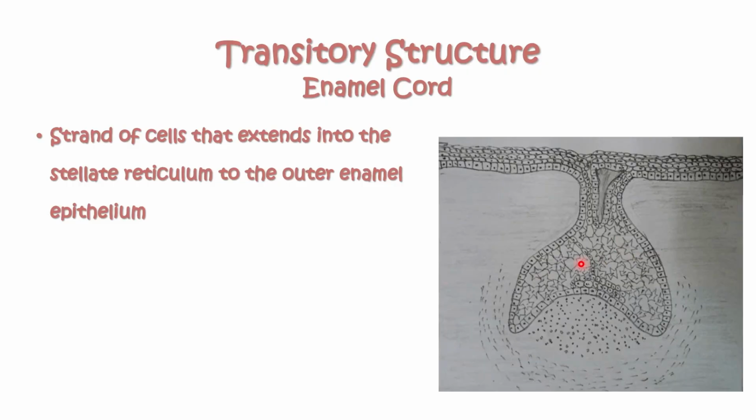This structure is also known as enamel septum because it forms a bridge between the enamel knot and the outer enamel epithelium. It may provide a continuous supply of cells to the enamel knot and outer enamel epithelium. So these are the 3 transitory structures. The first one is enamel niche, second is enamel knot, third is enamel cord.